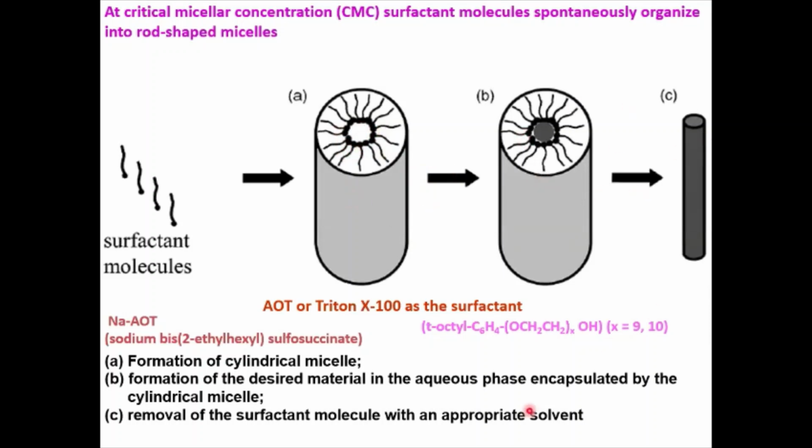You can get a freestanding compound or metal by the electrochemical process. So the process is formation of cylindrical micelles, attached to the electrode as a working electrode, and then you deposit by the electrochemical process and remove the surfactant with an appropriate solvent. You can get freestanding deposits.